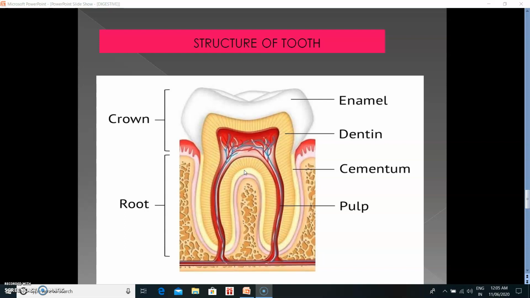When you eat something, the food gets trapped between your teeth and bacteria act upon it. As a result, acid is produced and that slowly damages your teeth. This is known as tooth decay or dental caries. And how can you avoid it? By properly brushing twice a day in your daily routine.